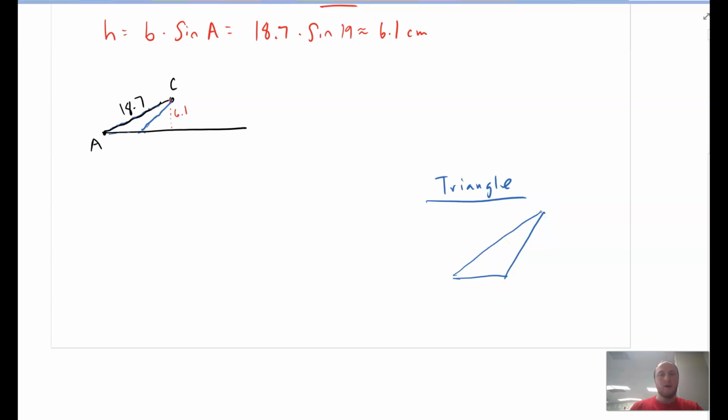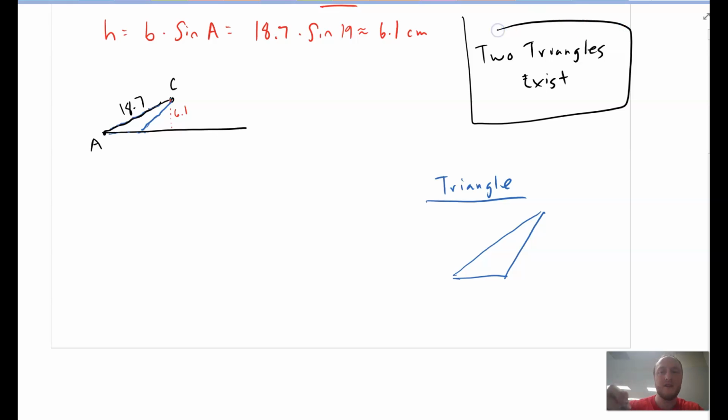Then, if 16.2 fits in between here, I hope you see that two triangles exist. If this is 16.2, I can generate another triangle.